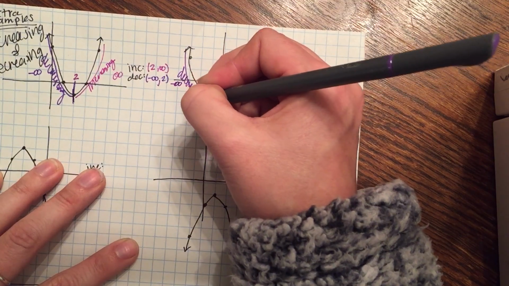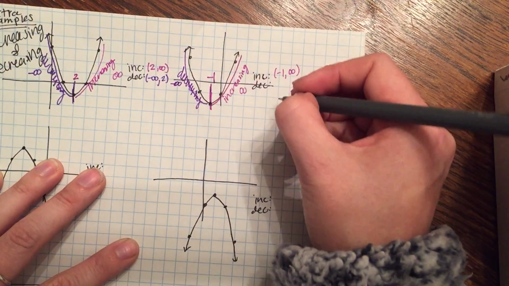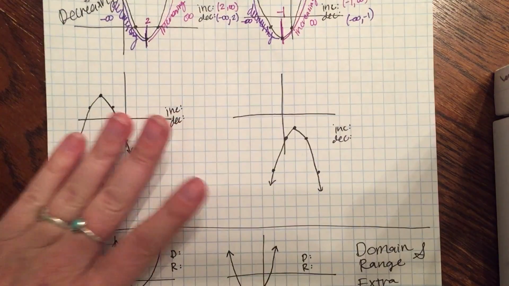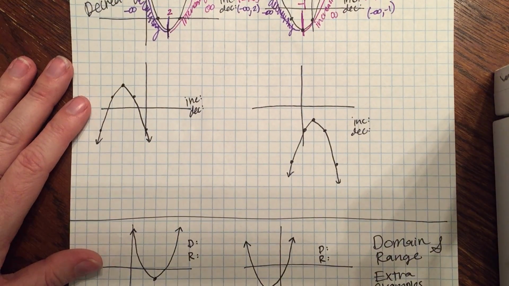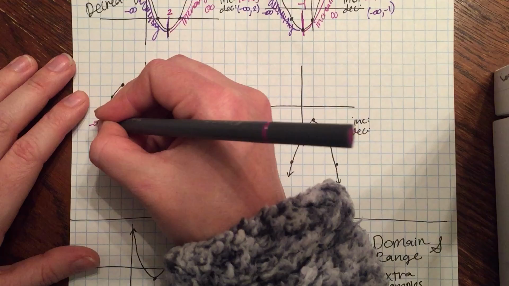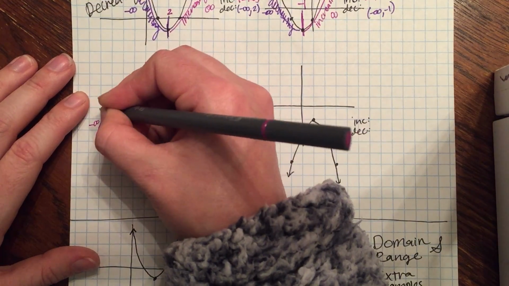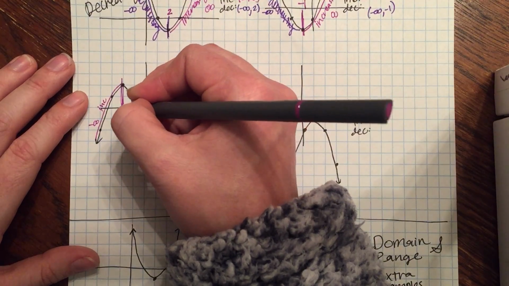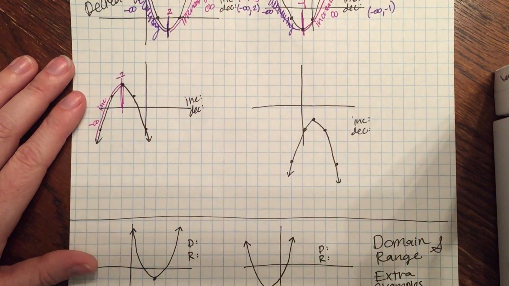So it goes from negative infinity until negative 1. Negative infinity, increasing until it hits negative 2.